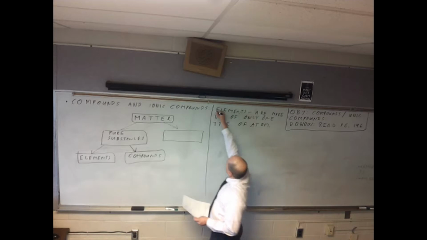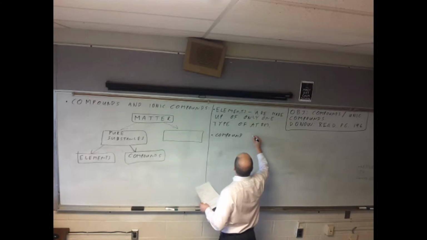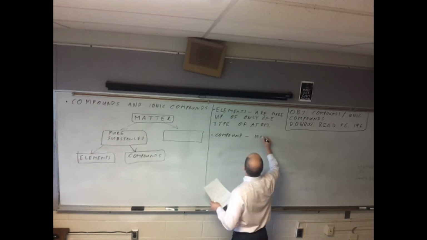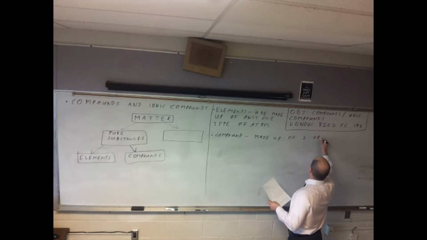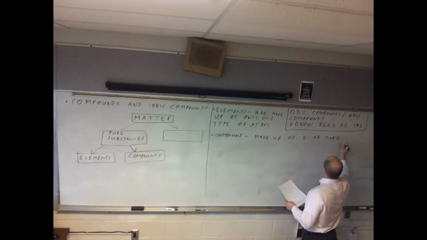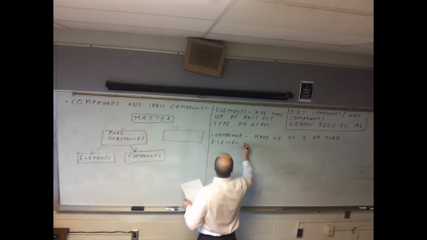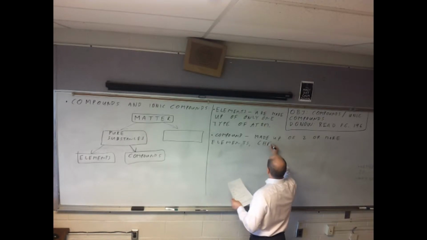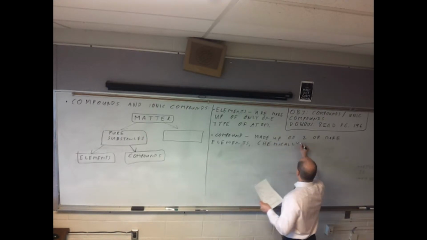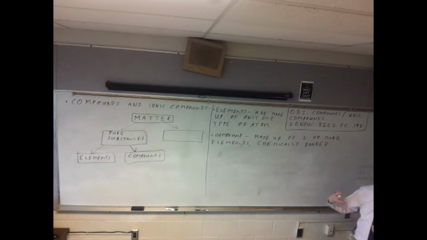So, a compound is made up of two or more elements chemically bonded. This is like you take two elements, you put them together, there's some sort of chemical reaction, they come together and make some new substance.